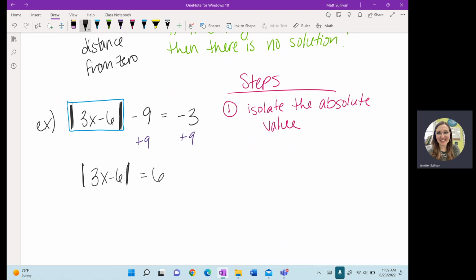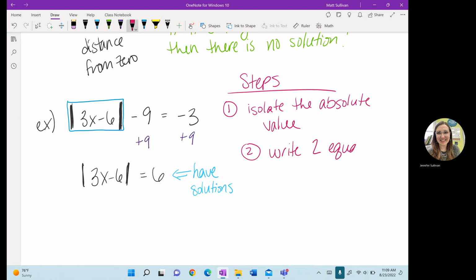And so this is where I'm seeing at this step that I have solutions. I do have solutions. And so then this is where I do step number 2. I'm going to undo the absolute value bars by writing two equations.